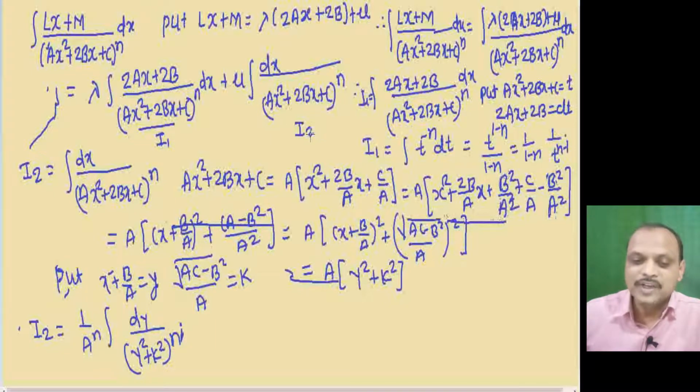Now we are evaluating this I2, which we get as 1 divided by a raised to n into the integration of dy divided by (y square plus k square) whole raised to n, where y is x plus b by a and k is under root of (ac minus b square) divided by a. Let me write here this substitution.